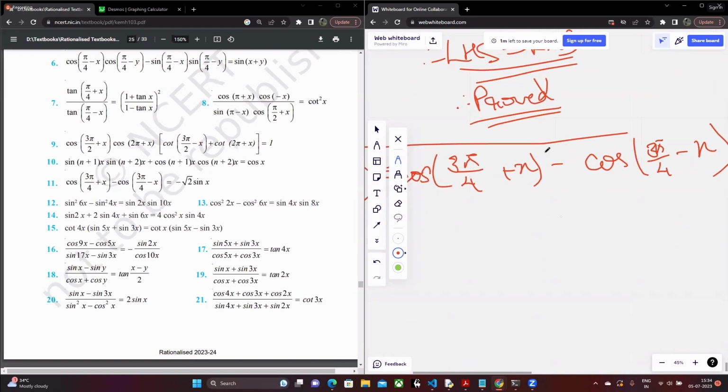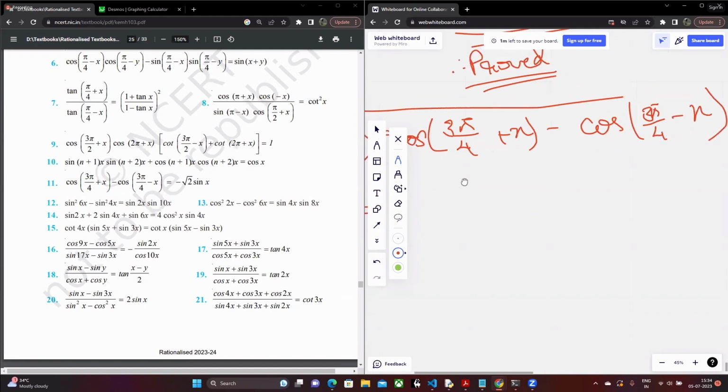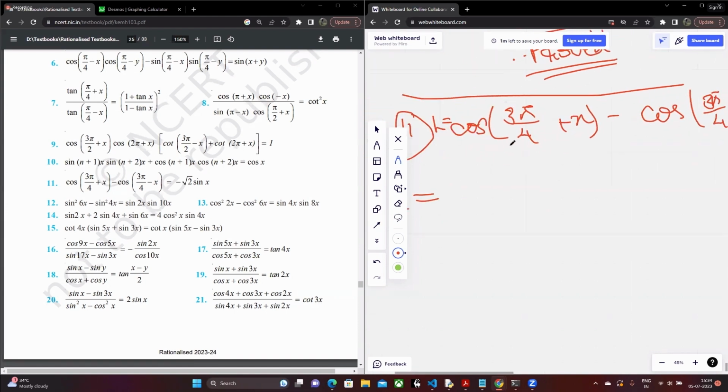To do this, what I'm going to do is expand each of the cos terms. Since it's 3 pi by 4 plus x and 3 pi by 4 minus x, you have a decent chance that some of these 3 pi by 4 terms will cancel out. Or you can convert them to their numerical forms and then work just with cos x and sin x. That's also a way.